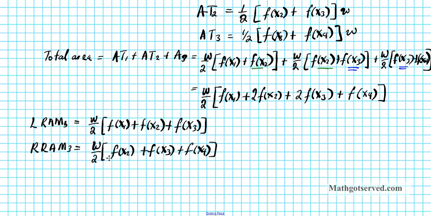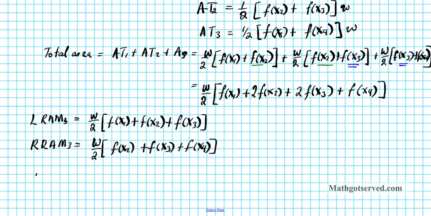Now what happens if I add these two rectangular approximations? What do I get? LRAM plus RRAM is going to be equal to, you notice they both have W in common, so I can factor that out.